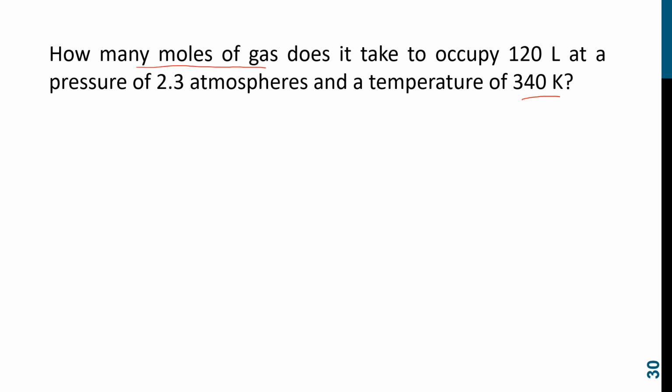You have volume 120 liters, pressure 2.3 atmosphere, and temperature 340 Kelvin. So we use the ideal gas equation, PV equals nRT. P is 2.3 atm, and volume is 120 liters, equals n times R.